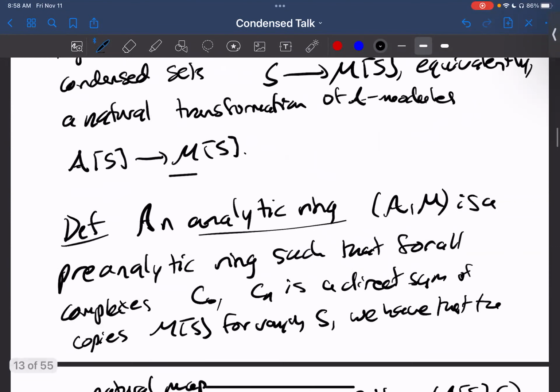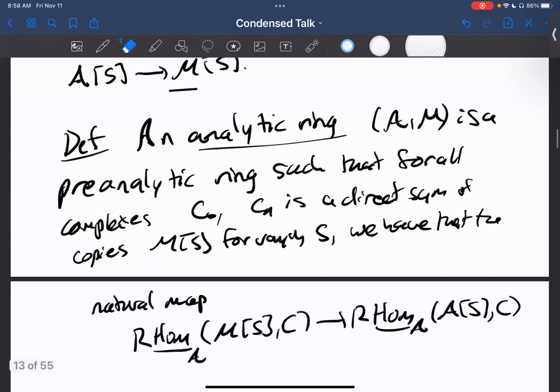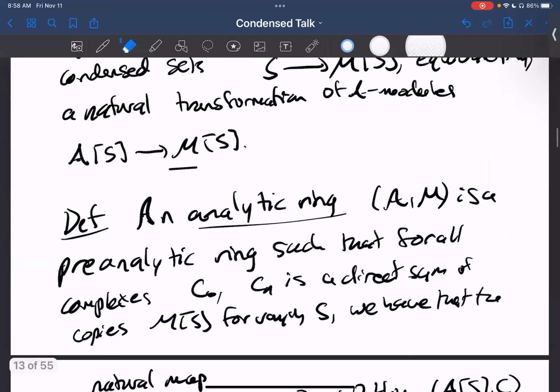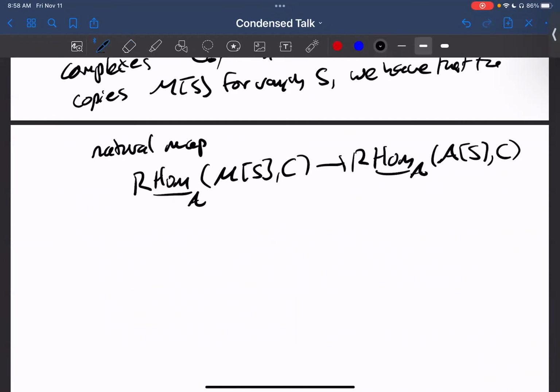So A of S is just your free group here. This is where this is coming from. So this just says that our M of S are precisely the free objects in some nice category of C.